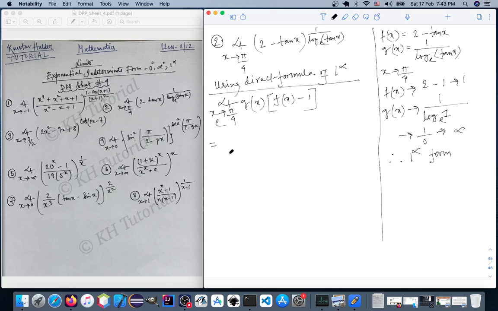This becomes e to the power limit x tends to pi by 4 of f(x) minus 1, which is (1 minus tan x) by log e tan x.